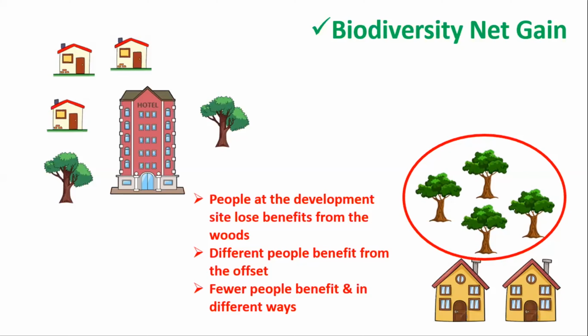The question I get asked is, surely this would have been picked up before? To some degree, yes, but I'm finding more and more that this falls through the net, because biodiversity net gain tends to be in the hands of people like myself, a biodiversity person, and it's not always the case that the social impacts are picked up.